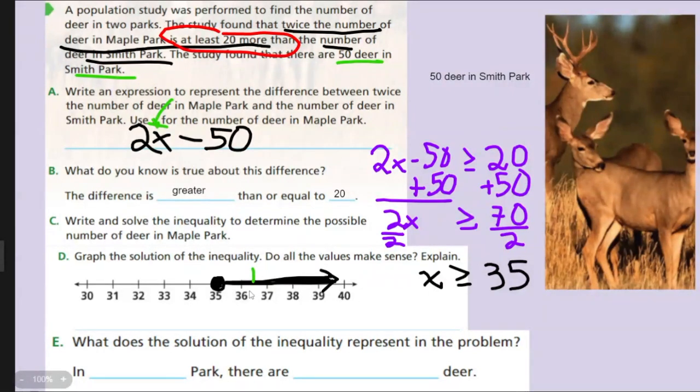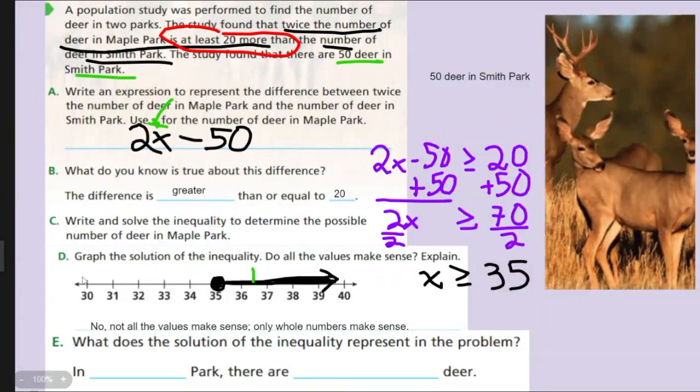Right, 36 and 5/10 doesn't really make sense because we're talking about the number of deer and we can't have like half a deer in this case, right? So for this, only whole numbers make sense. Okay, so not all the values make sense, only whole numbers make sense.